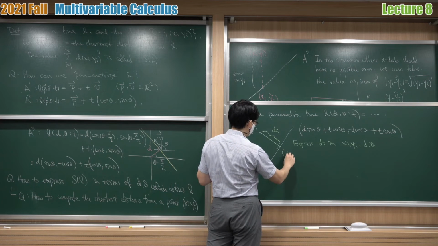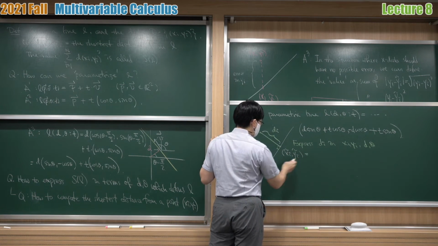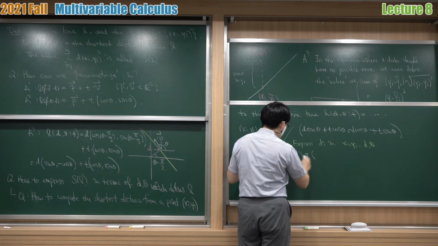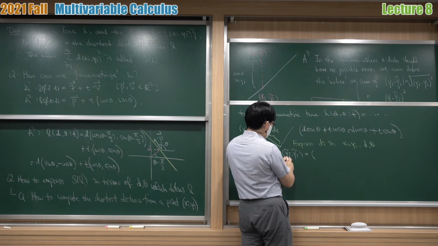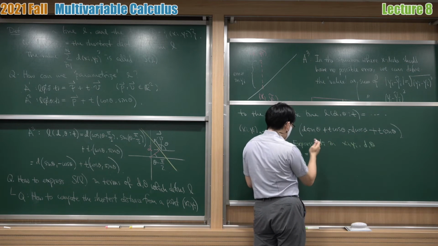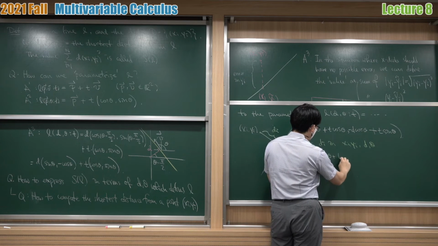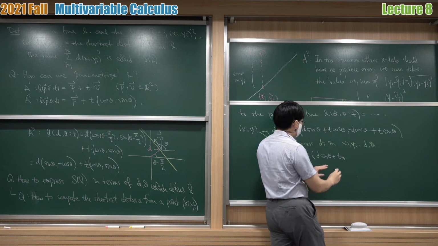So let's say this is x tilde and y tilde, just intermediate symbols. And this is defined by some value of t, right? So let's say this is when t is t star.